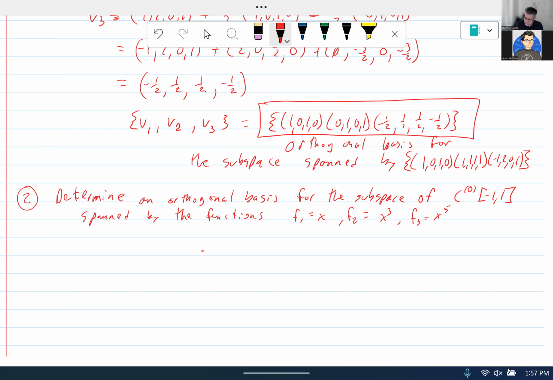So we want to find an orthogonal basis that will span these.